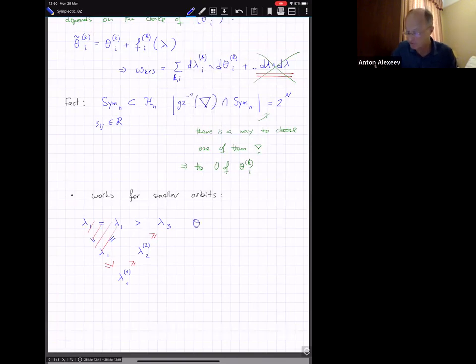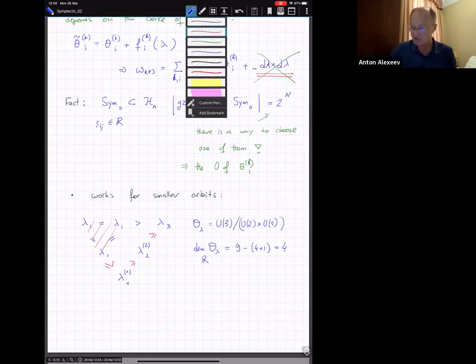The corresponding orbit is a quotient of U3 by the stabilizer. What's the stabilizer of the diagonal matrix lambda 1, lambda 1, lambda 3? It is U2 cross U1. So the real dimension of O lambda is 9 minus 4 plus 1, which is equal to 4.